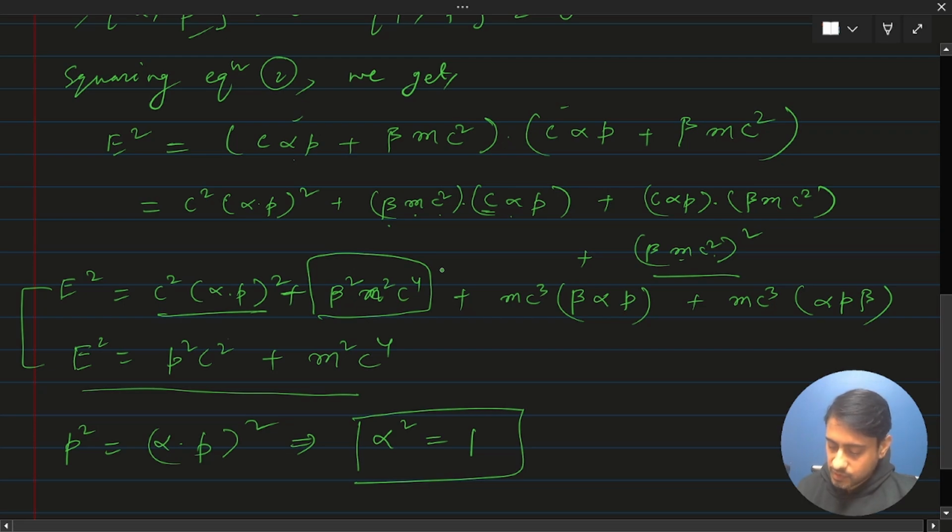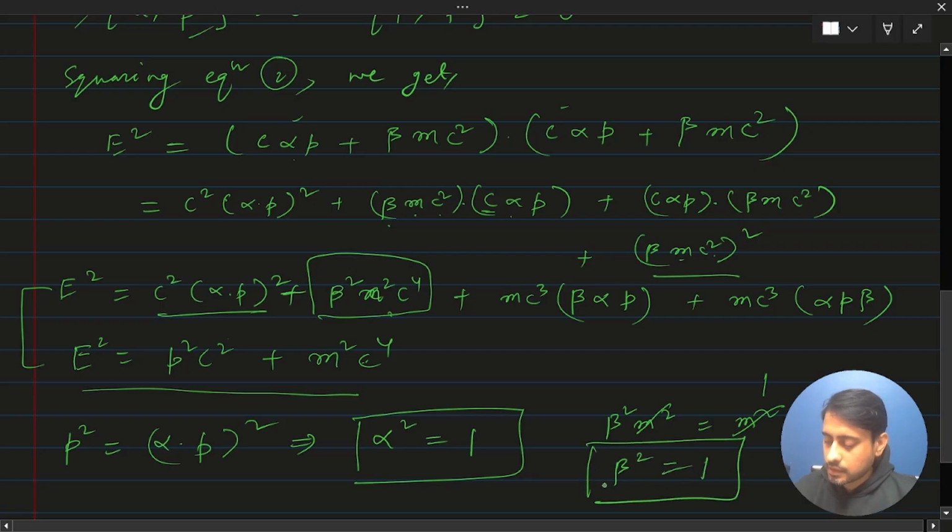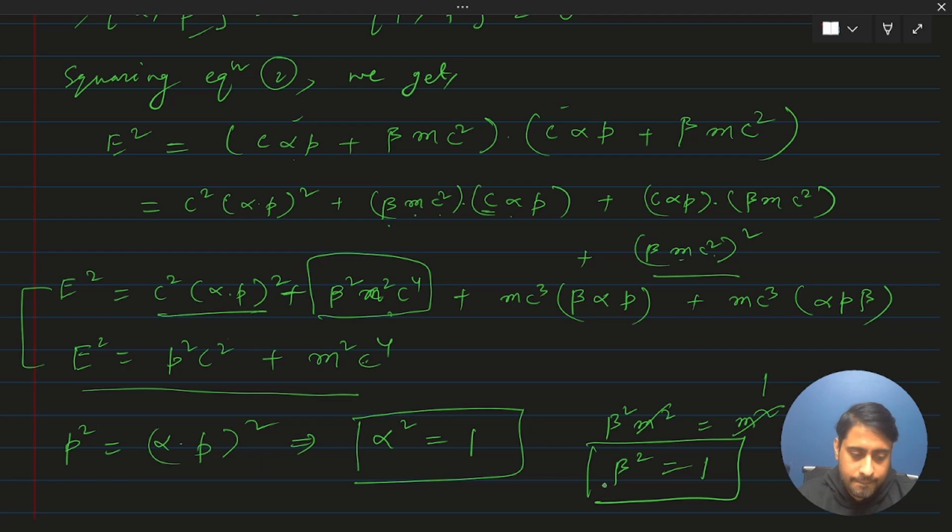So if we compare these two, the coefficient beta squared m squared should be equal to this m squared, or simply you cancel out and take beta squared equals 1. So we are getting another relation. We have two things: alpha squared equals 1 and beta squared equals 1.